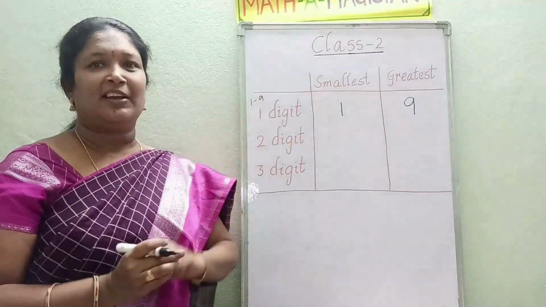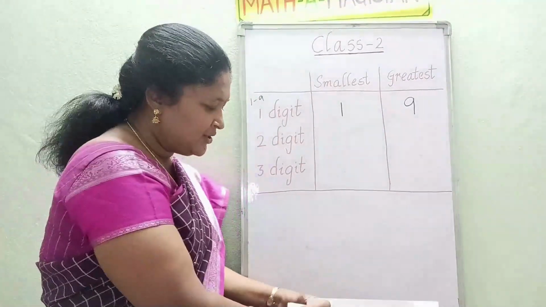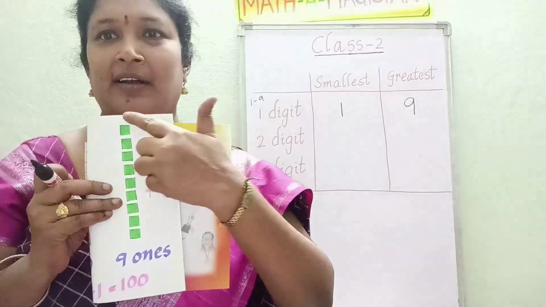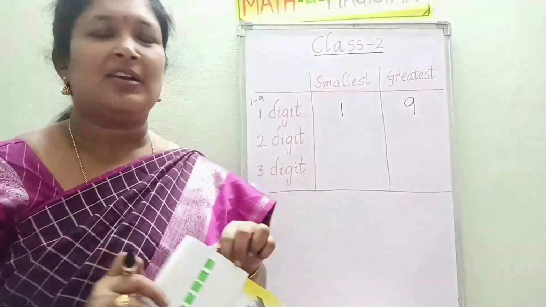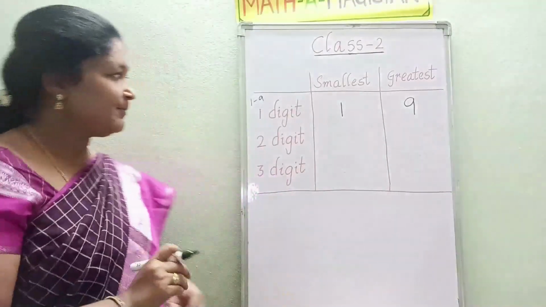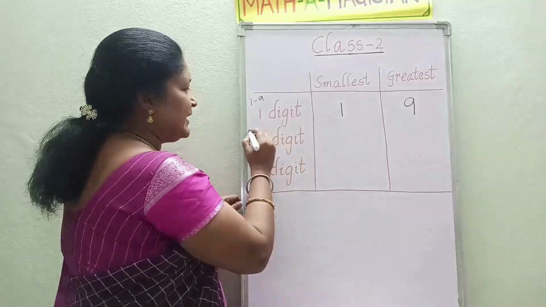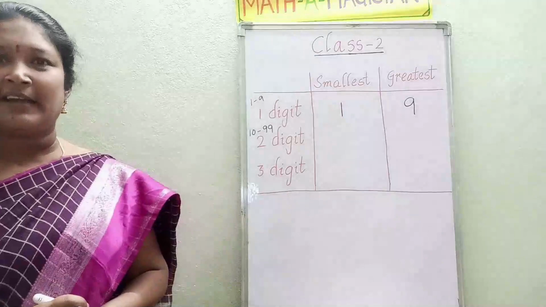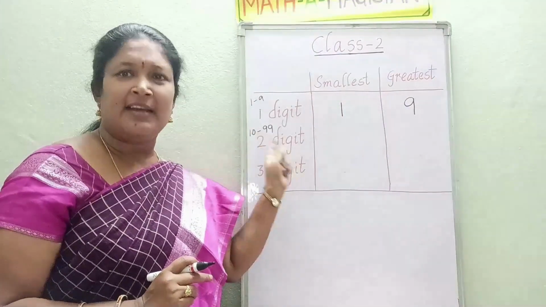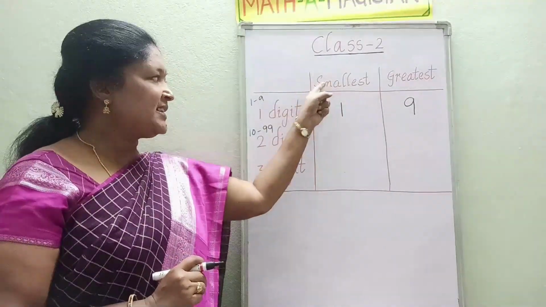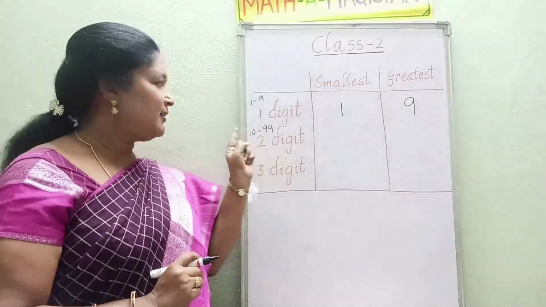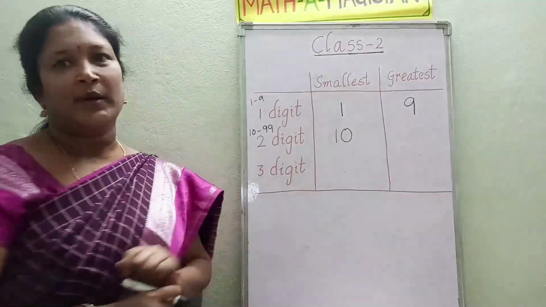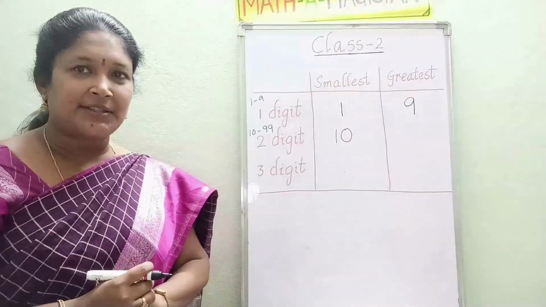So after 9, if we add 1 to 9, we get 10. So 2 digit numbers are from 10 to 99. And which is the smallest 2 digit number? 10 is the smallest 2 digit number.